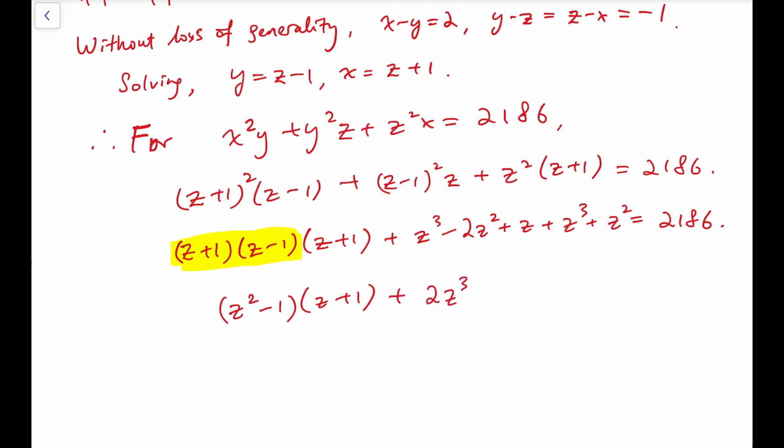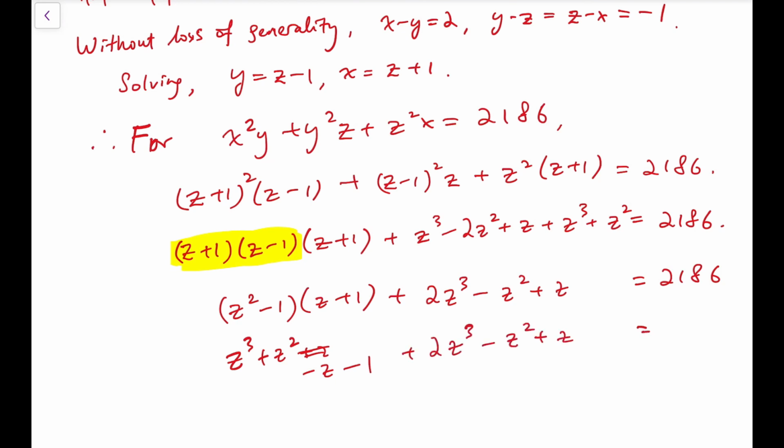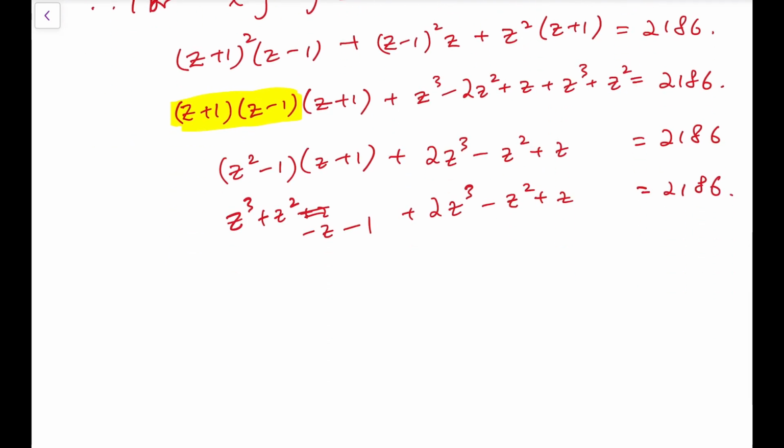So for the first term, it's z squared minus 1 times z plus 1. Now after expanding, we notice that the z squared term and the z term cancel out. So we have 3z cubed minus 1 equals 2186.